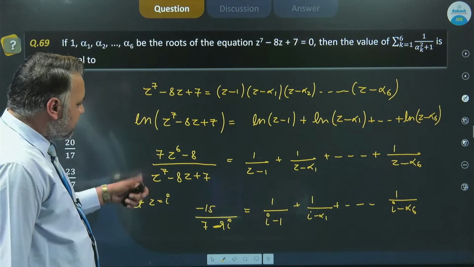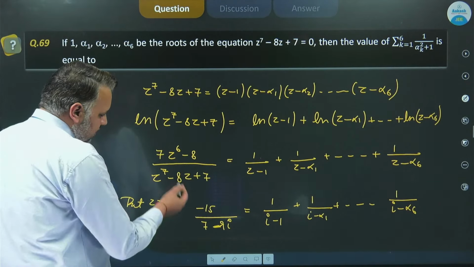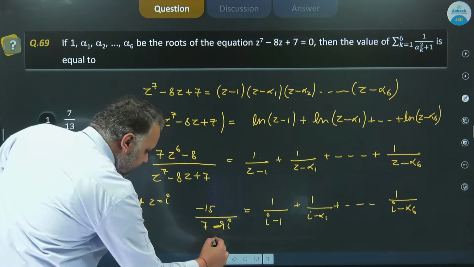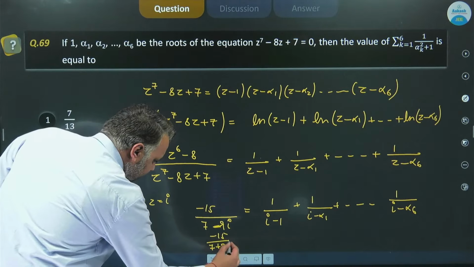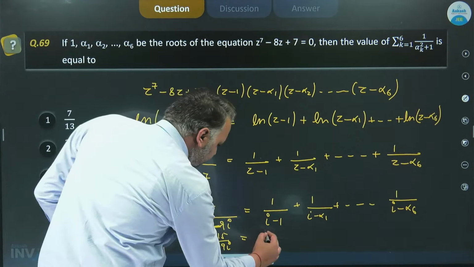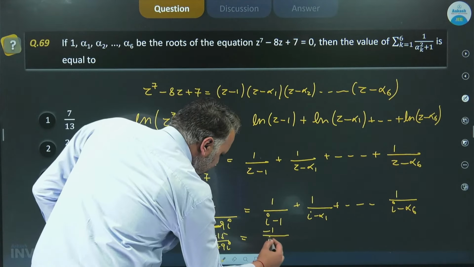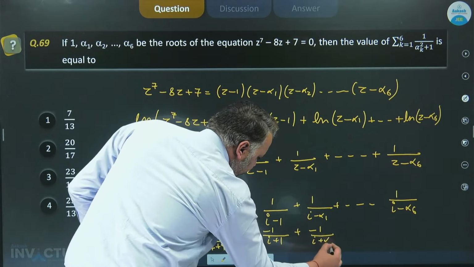Now again, if we put z is equal to minus iota, this will be minus 15 divided by 7 plus 9 iota. And in the right hand side, that will be minus 1 upon iota plus 1 plus minus 1 upon iota plus alpha 1.